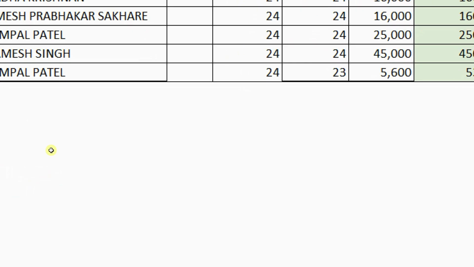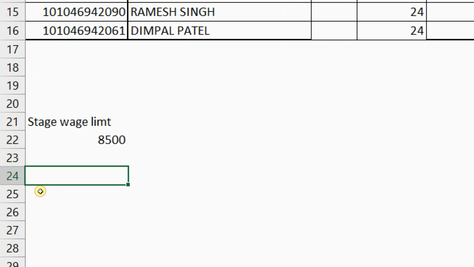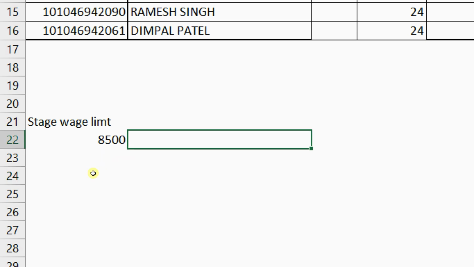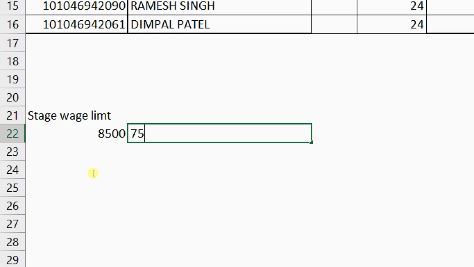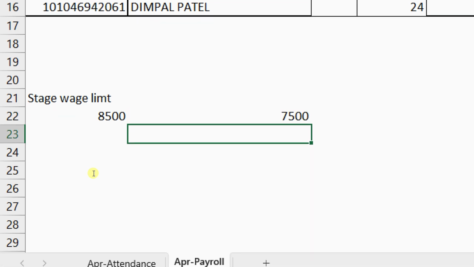Just for example I am stating, for West Bengal it is different, for Bihar it is only 5,500. So Telangana state wage limit is approximately 8,500 and the country minimum wage limit is 7,500, whichever is higher, here the state wage.